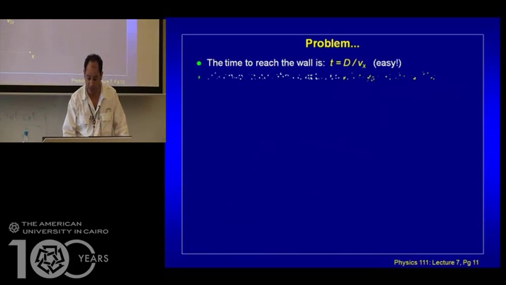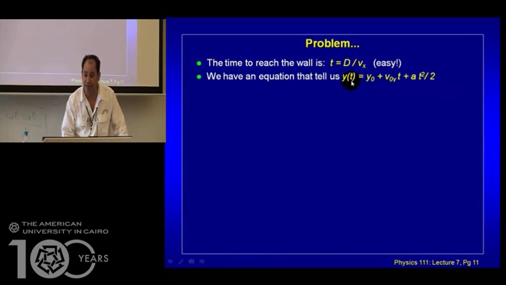Then I need to find its y position at time equal to 3.57 seconds. So we need to know that y0 equals 1 meter. The initial velocity along the y-axis equals v0 sine 30.